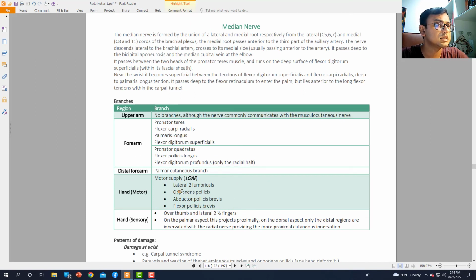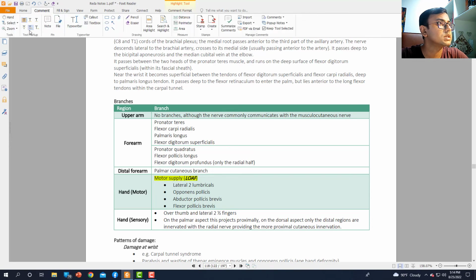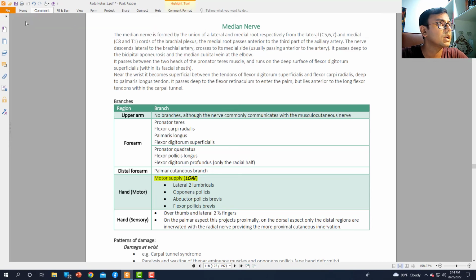Now the median nerve, its supply. I already said the LOAF: lateral two lumbricals, opponens pollicis, abductor pollicis brevis, and flexor pollicis brevis.